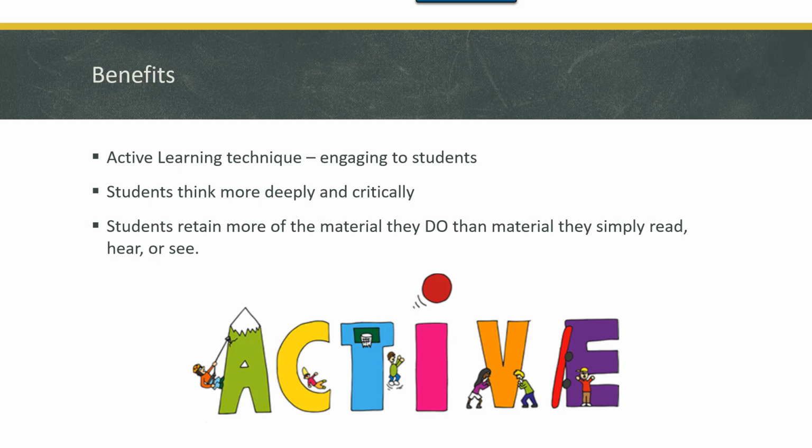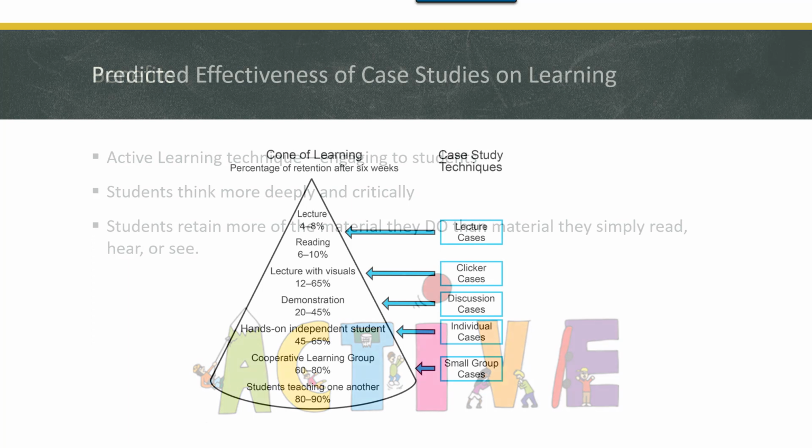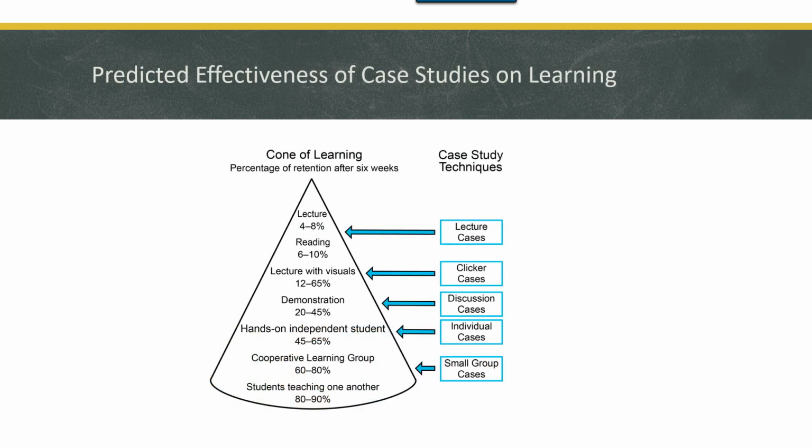However, we know through research that students learn the material more deeply and work at a higher level of learning when they are actively engaged. Now, we have known this for quite some time. This is the cone of learning from the 1940s. It depicts the idea that students retain more with hands-on learning, even more with cooperative learning, and the most with teaching one another.